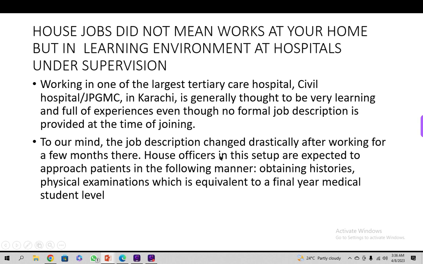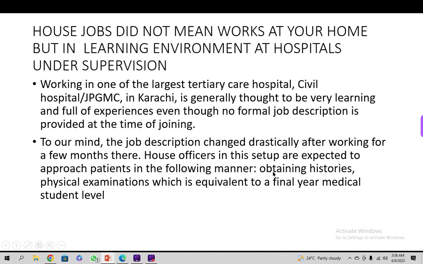Now, house officers in this setup are expected to approach patients in the following manner: obtaining histories after provisional biodata, obtaining histories, physical examinations, which is equivalent to the final year medical student level.